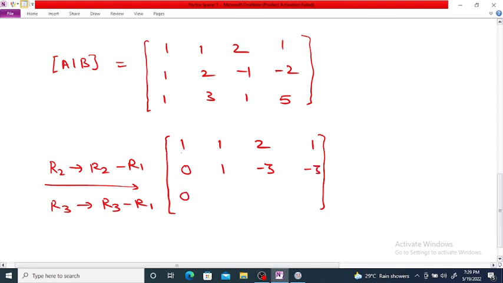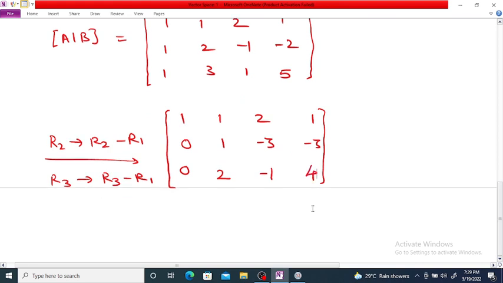Again 1 minus 1 is 0, then 3 minus 1 is 2, then 1 minus 2 is equal to minus 1, then 5 minus 1 is equal to 4.